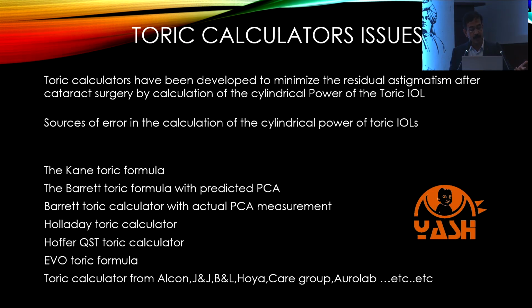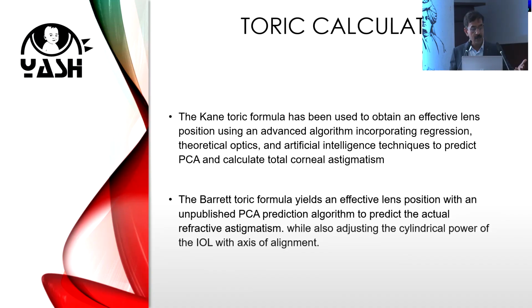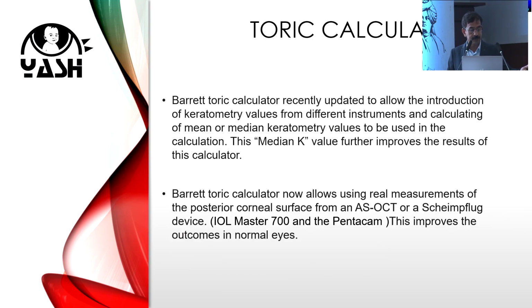There are so many toric calculators we know: Kane, Barrett toric calculator with predicted and with actual measurements, Holladay, Hoffer QST, EVO. Among these toric calculators, it has been found that the Barrett toric calculator gives a very good result, the calculator with predicted PCA rather than with actual measurements of posterior corneal astigmatism put into the formula.